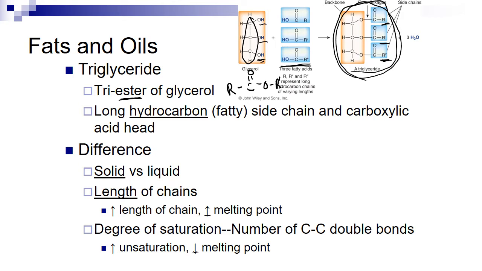When you talk about corn oil or vegetable oil or canola oil or whatever type of oil you want to talk about, that oil is not just one compound. That oil is actually a mixture of all of these different complex compounds, complex structures that have come together.